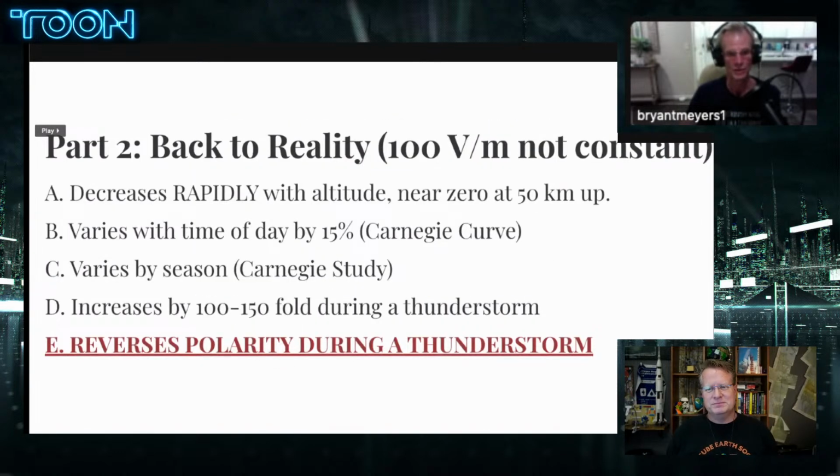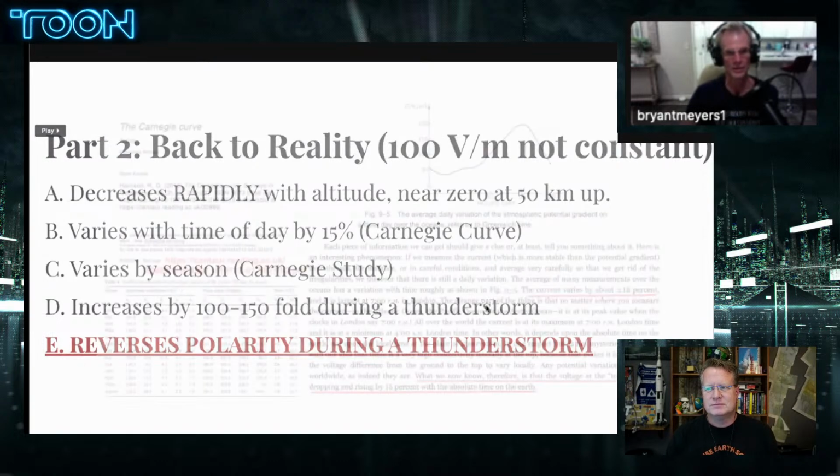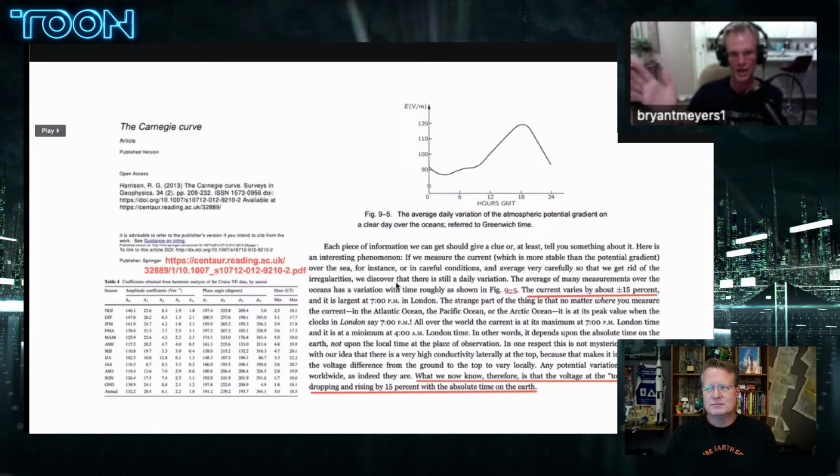I just wanted to look at the Carnegie study here a minute, because not only does the electric field drop by altitude exponentially, but this Carnegie curve is very well validated. It's incredibly well researched. It shows how the electric field varies by 15% during the course of any given day everywhere on Earth.